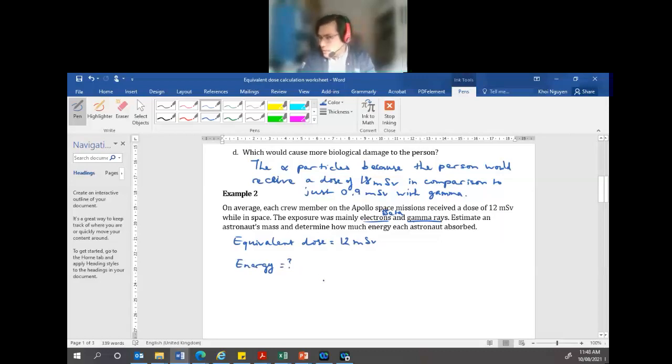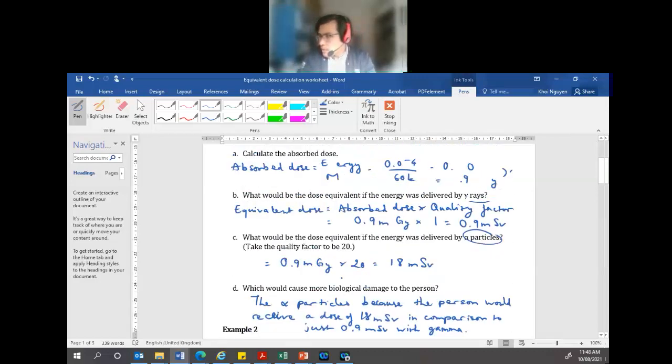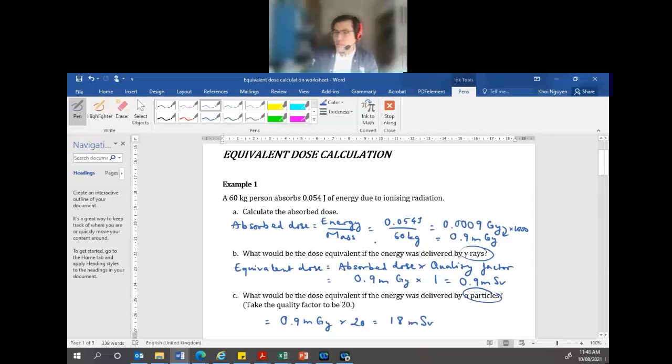Okay, so how can we do that? If we go back to our equations here, we've got 2 equations, okay? One for absorbed dose and one for equivalent dose. So in order to find out energy, you need to know the mass and you need to know the absorbed dose. Okay, so the question tells us to estimate the mass for an astronaut.